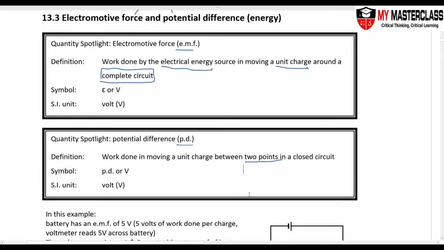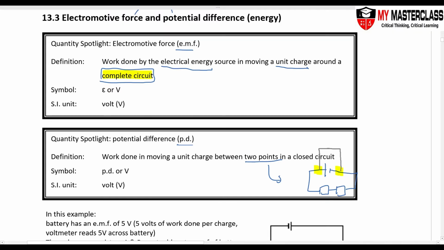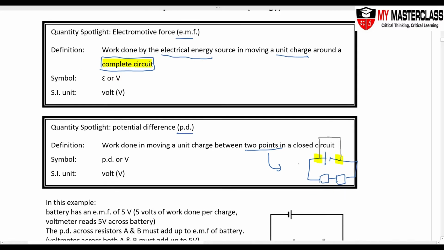So if the 2 points happen to be across the whole circuit, so between 2 points of, say, the battery, from this yellow point to this yellow point, that would have covered the whole circuit, and so this would be equal to the EMF if you measured the difference in potential between these 2 points.